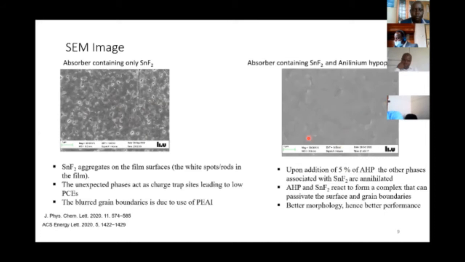Now, if you look at this film here, the film is very smooth. And maybe I cannot talk about the smoothness, but we cannot see these white spots. And also maybe we cannot see pinholes. They are not there. Meaning that by introducing this, we improve so many things about this kind of perovskite, this kind of absorber.